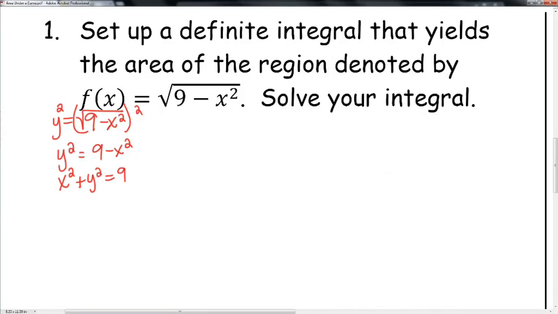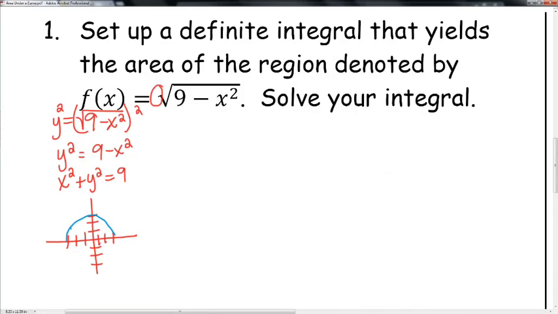And so what I gave you is a semicircle that's on the positive end. It's centered around the origin, and the radius is 3. There we go.